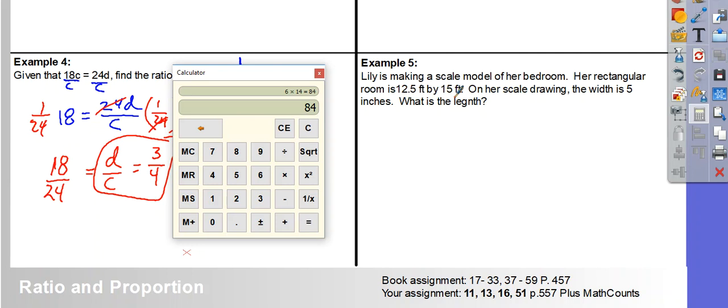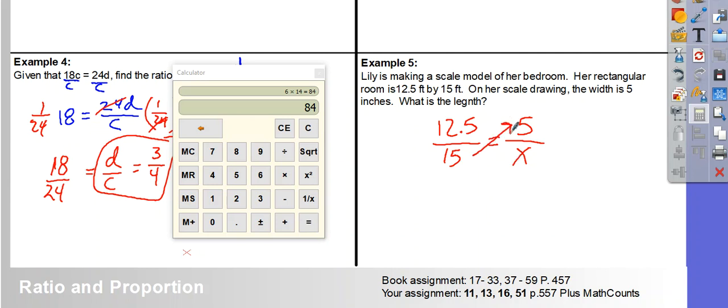Okay. So we know that this room in real life is 12.5 to 15. So I could just make a ratio out of it. And the width is 5. So what is the length? Well, assuming the width is the smaller of the two, we can set up a proportion, and let's go ahead and solve it.